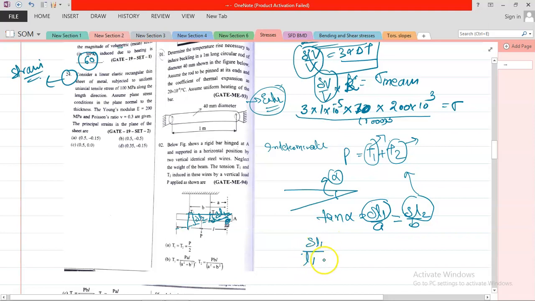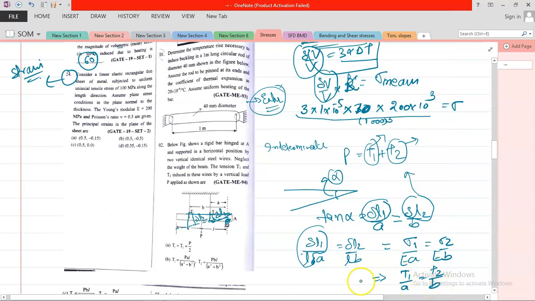So delta L1 upon L1 A is equal to delta L2 upon L into B. Now this is your strain, and this is equal to sigma 1 upon EA, which is equal to sigma 2 upon EB. Now sigma 1 is T1 by area, and the area is constant for both, so T1 by A is equal to T2 by B. Now the first is T1 is equal to A T2 by B.